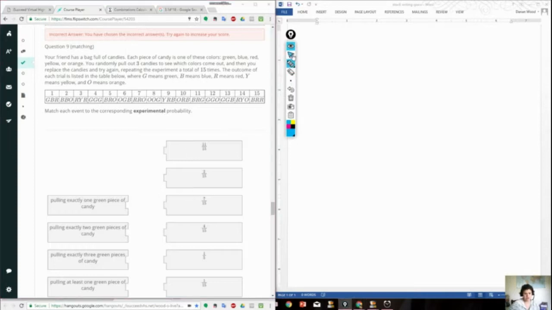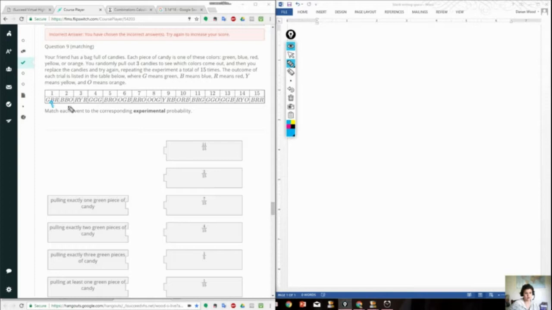Okay, so our first event is pulling exactly one green piece of candy. So I'm going to go through, and since each of these boxes represents an event, I'm going to go through and find the ones and count the ones that only have one green.